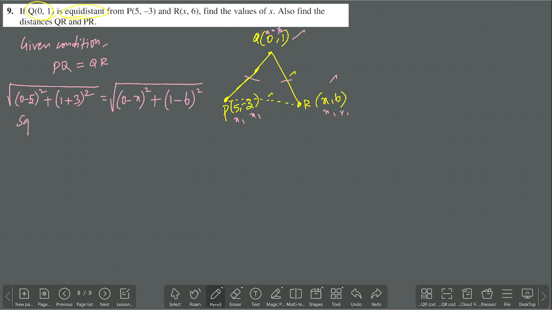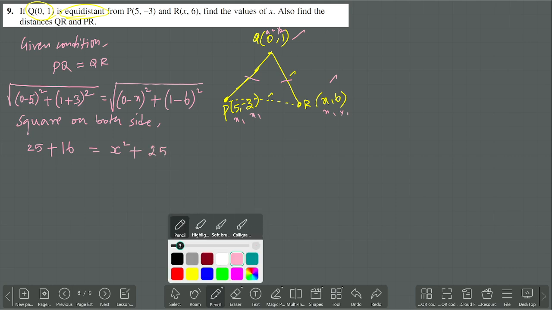Now square on both sides. What am I squaring for? To remove the root. Why do I want to remove the root? If I remove the root, then only I can bring out x, because we have to find the x values now. So I am removing the root. Right. When I remove the root, inside I have 0 minus 5 square, 25, plus 1 plus 3, 4 square, 16, equal to 0 minus x, squared, x square, and here 1 minus 6, minus 5 squared, 25.